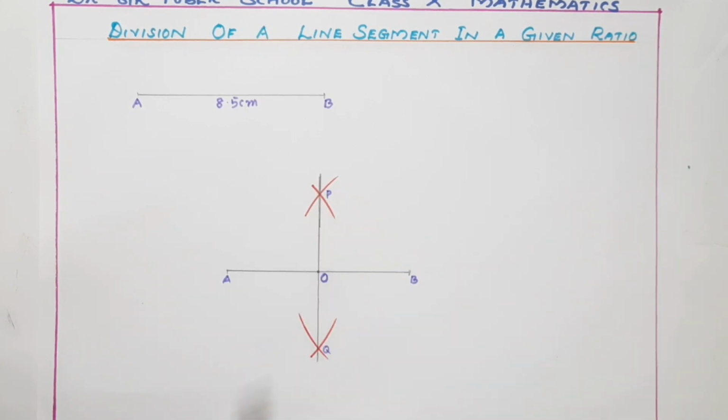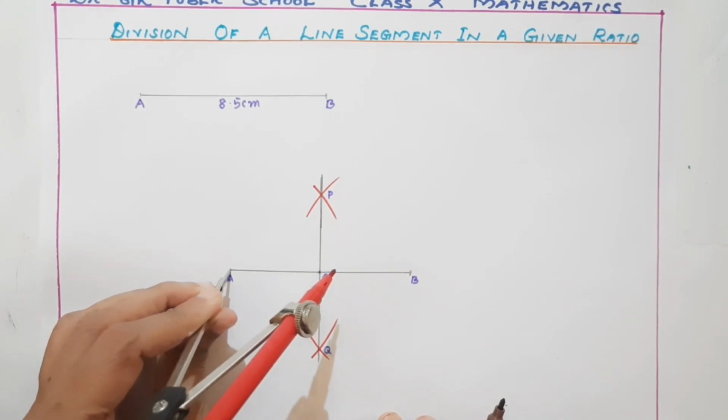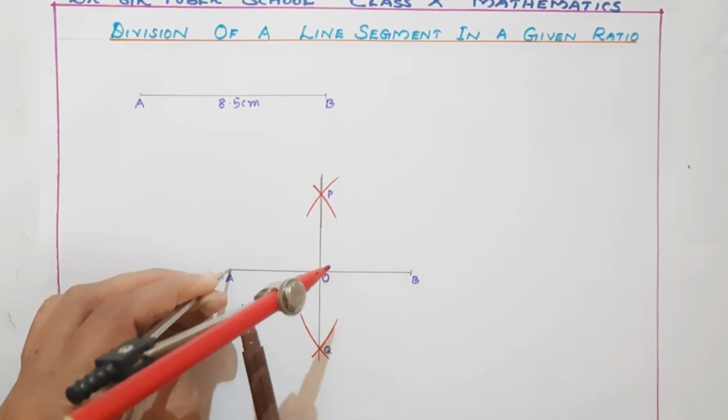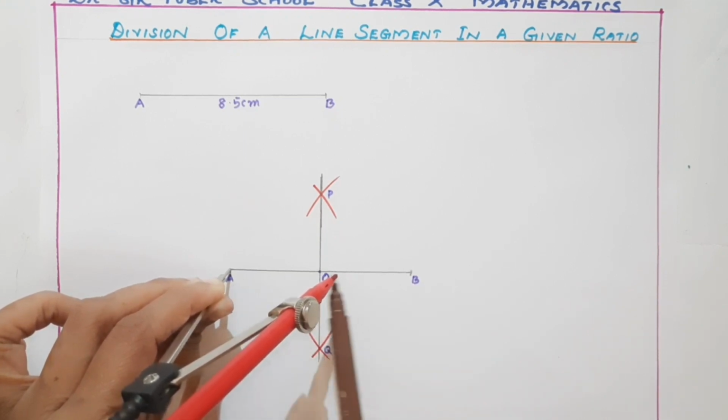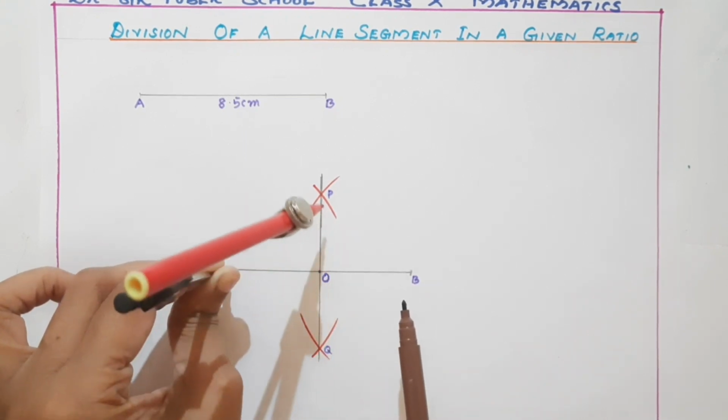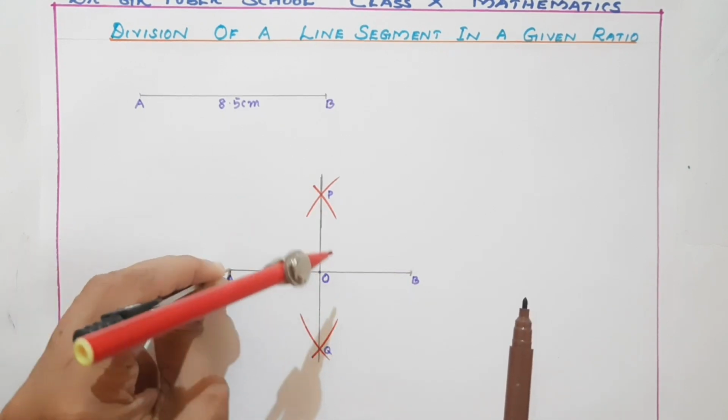After drawing this perpendicular bisector, if you check, you will get AO equal to BO. Both will be equal. So how will you draw this perpendicular bisector? Let's recall. We will take the compass and pencil. Then we will fix the compass at one end point, and we will take more than half of the length of the line segment as radius, and we will draw two arcs like this.